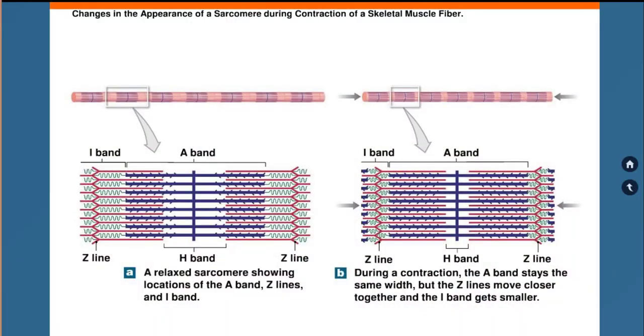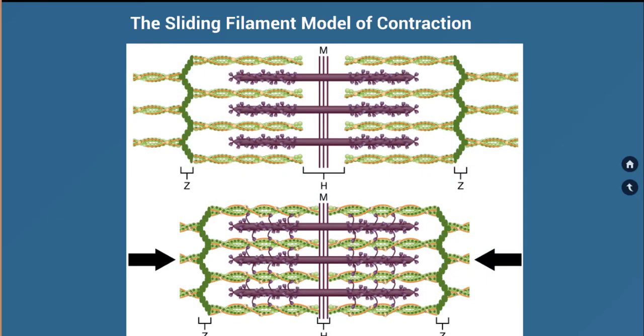In the I band, there is no myosin, just actin filaments, and the A band becomes smaller. The A band stays the same width.